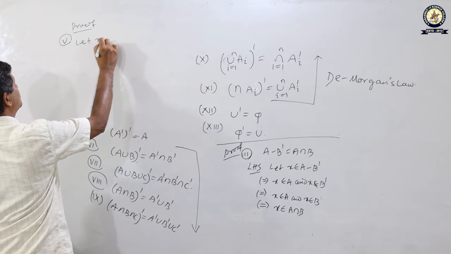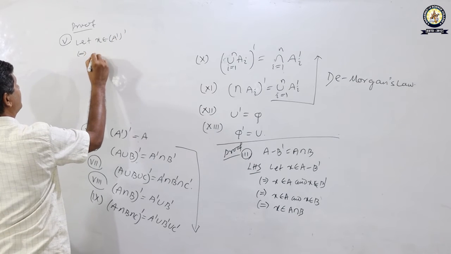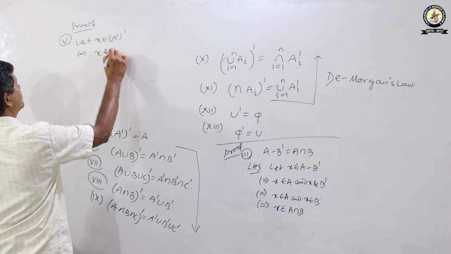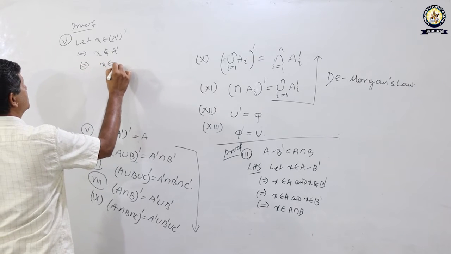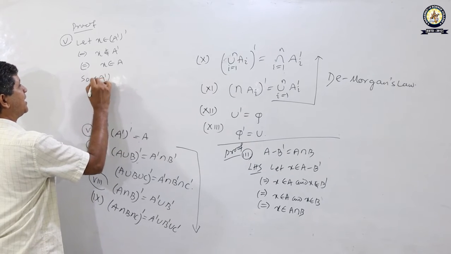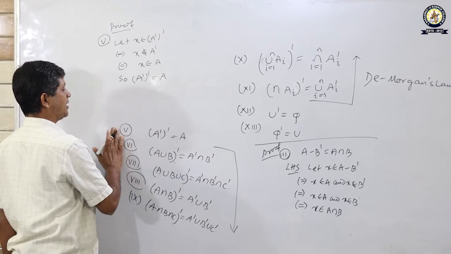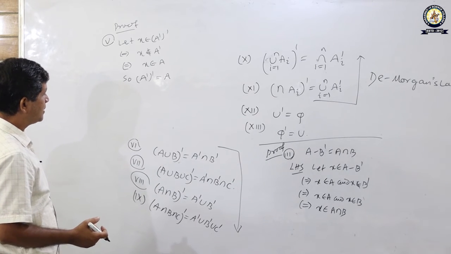Let x belongs to A dash of dash. This implies and is implied by x does not belong to A dash. If it is not in A dash, then it must be in A. So A dash of dash is equal to A.